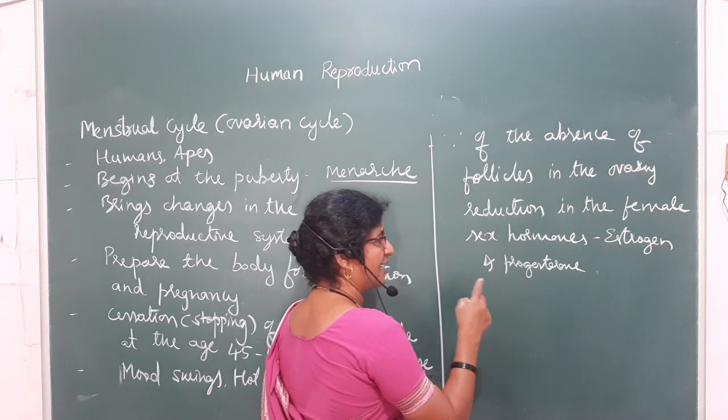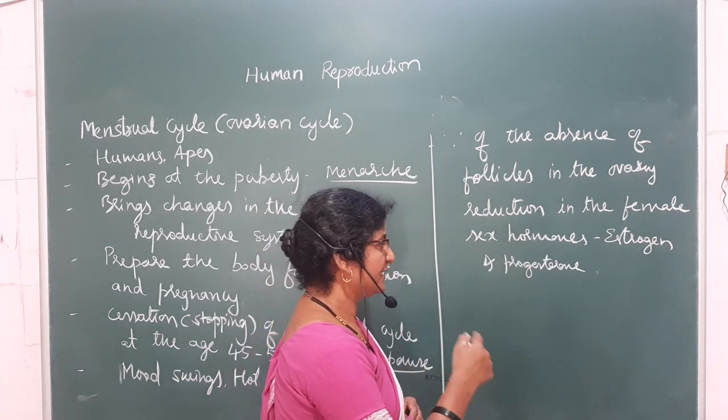So menopause is because of the absence of follicles which secrete the estrogen and progesterone.